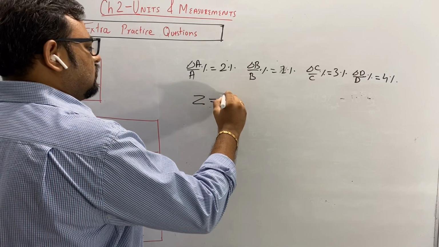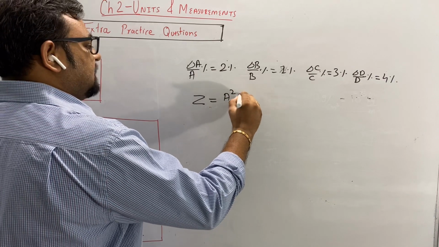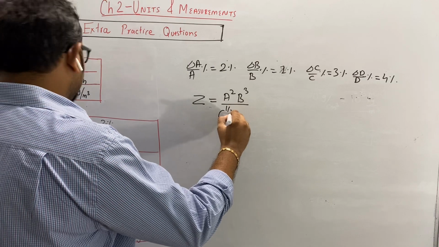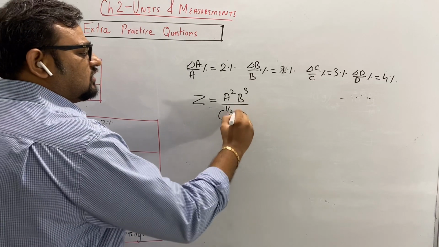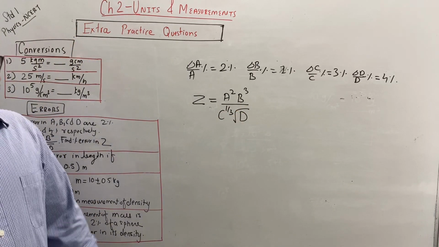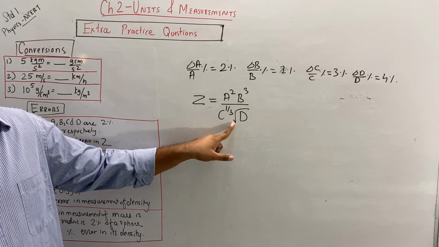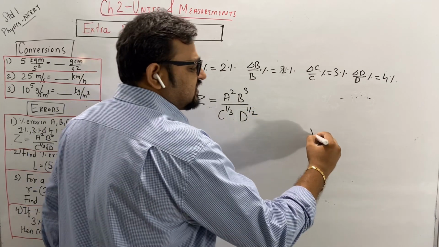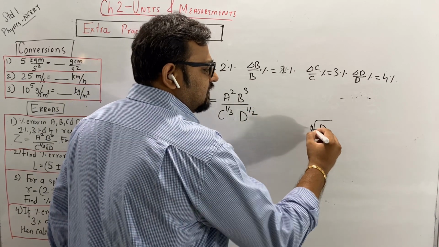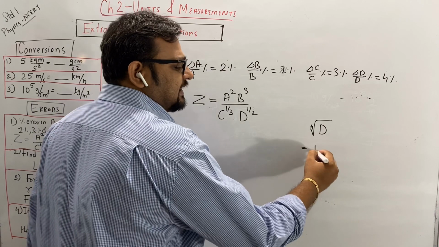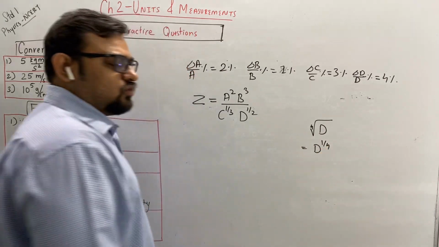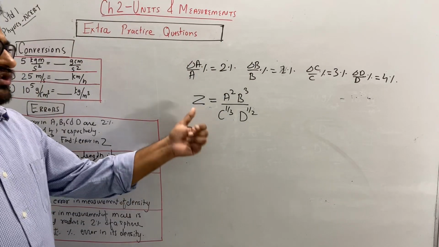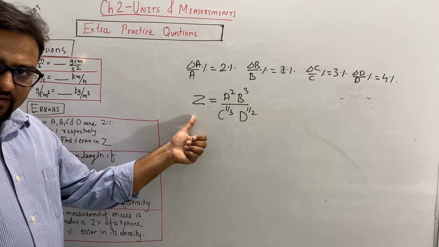Z equal to A square B raised to 3 upon C raised to 1 by 3 D raised to, sorry, square root of D. Now see here, square root of D means D raised to 1 by 2. If it is given in this way, that means this is the fourth root. I can take it as D raised to 1 by 4. Clear? So now you have to find out the percentage error in Z.